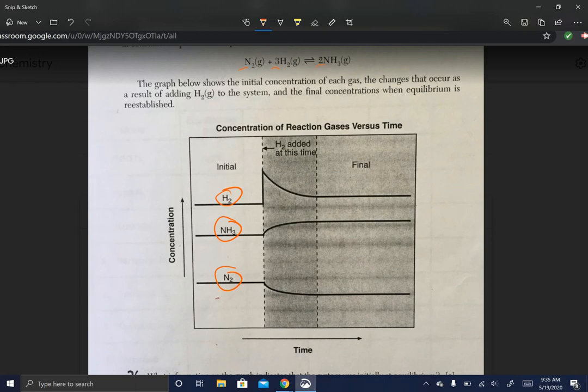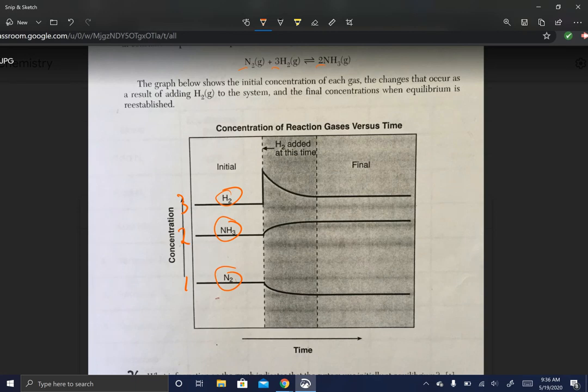So the best way to explain this is we have 1 mole here, we have 2 moles here, and we have 3 moles here. As long as those 3 moles of hydrogen, those 2 moles of ammonia, and 1 mole of nitrogen are constant, meaning not changing, that means every time one of these and 3 of these make one of these.